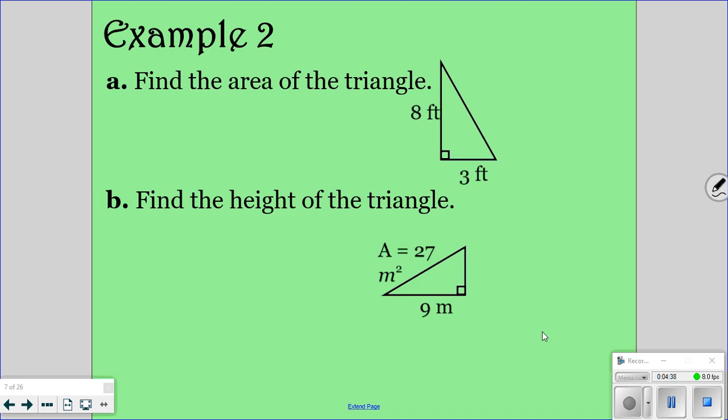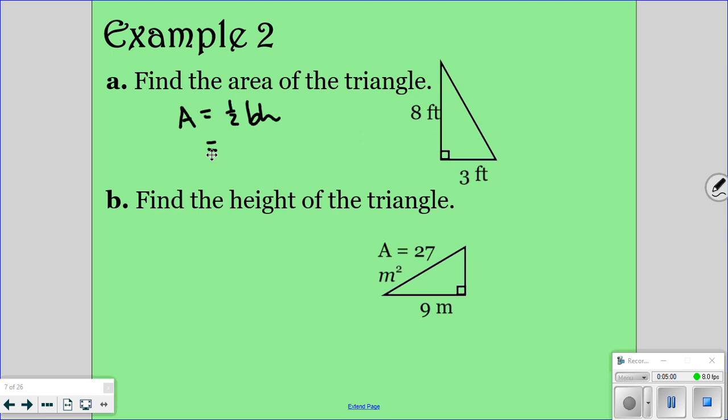So we want to find the area of this triangle. So we're just going to use the area formula, which is 1/2 base times height.